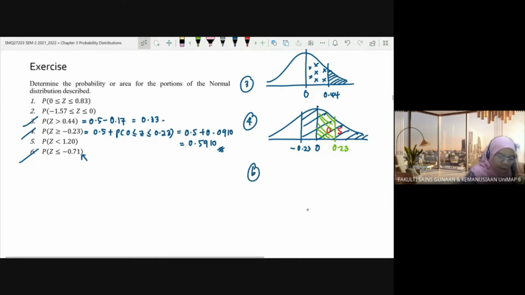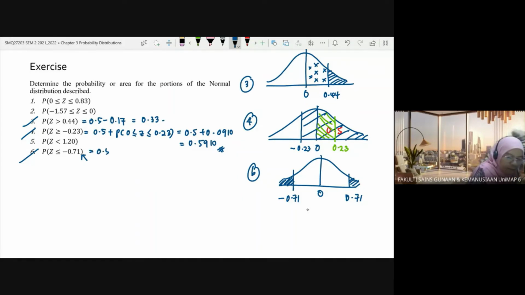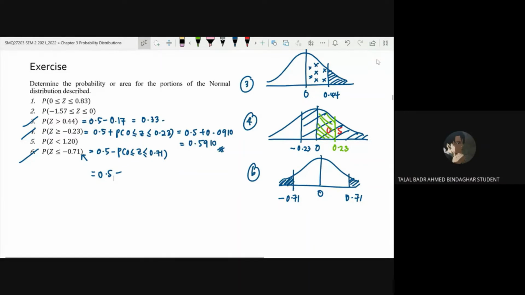Okay, what about this one? Number 6. Z value is negative 0.71. So we know that this is 0.71. So this will be what, class? 0.5 minus P(0 < Z < 0.71). So 0.5 minus, what is from 0 until 0.71? 0.2611.